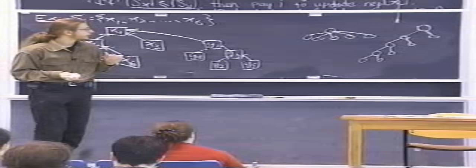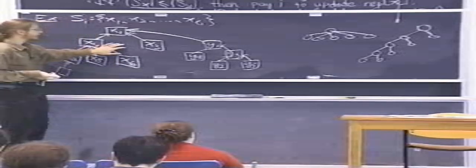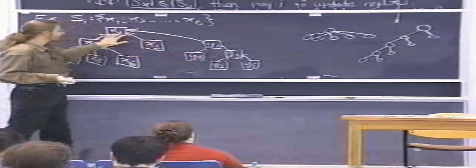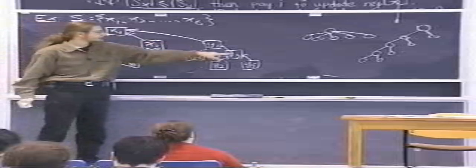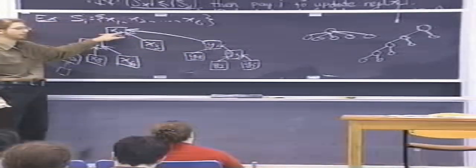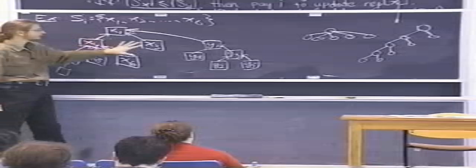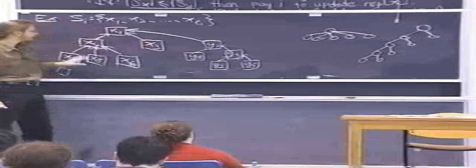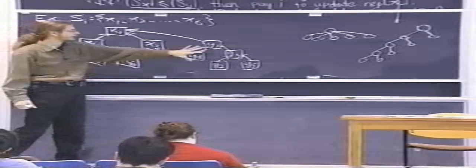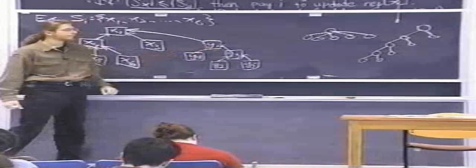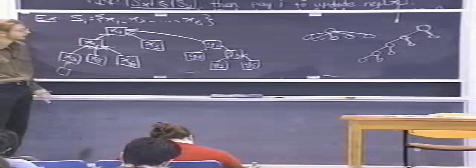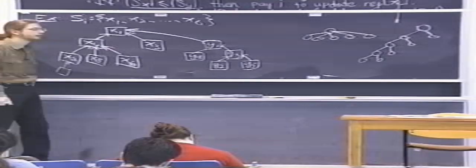Now, here I have a choice. I could merge y into x, and that increases the depths of all these nodes, because they now have one new node above them. Or I can merge x into y, and then all the depths here increase, and the depths here stay the same. So I'll do the smaller one into the larger one. That seems like less work. Smaller and larger just means how many nodes you have.